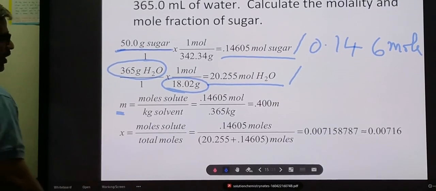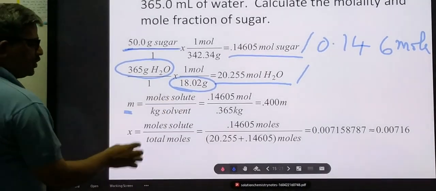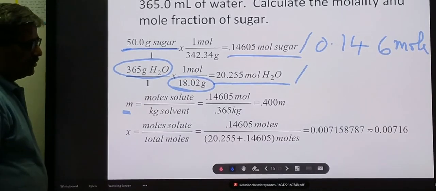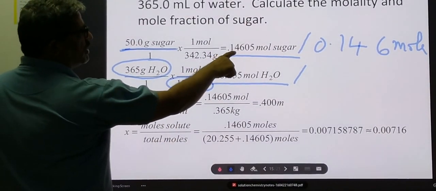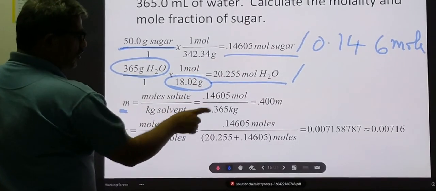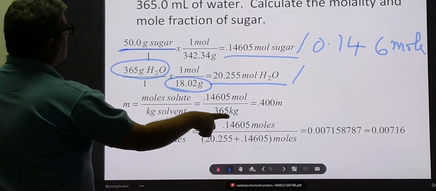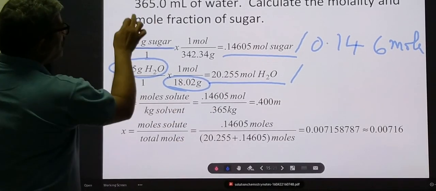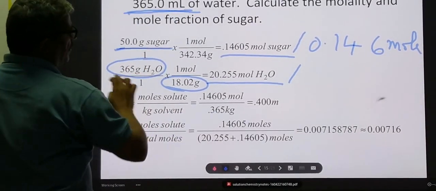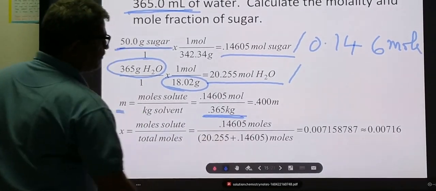First one, molality: number of moles of solute in kg of solvent. So directly substitute the values you have. That is 0.14605 moles divided by 0.365 kg. Here, what did we do? We have written 365 ml and we have written 0.365 kg.